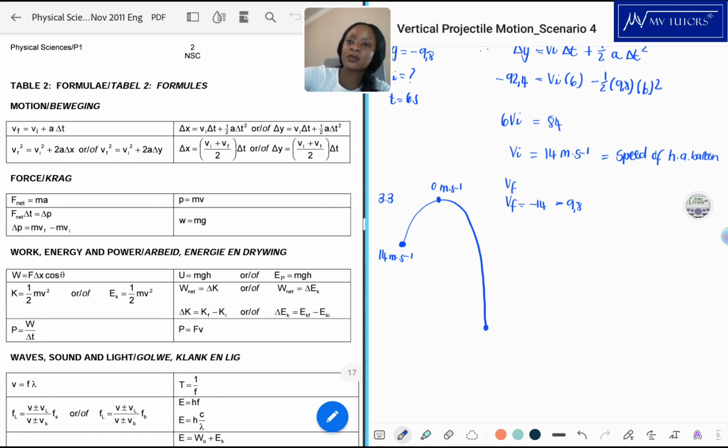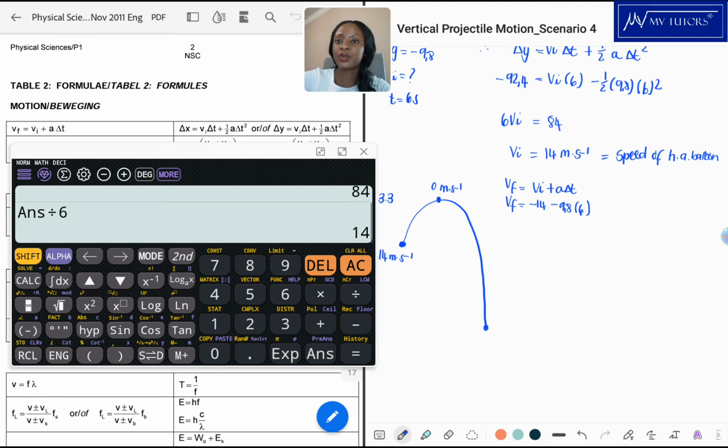Initial velocity is negative 14, and then my acceleration, because I chose up as positive, is going to be 9,8, and then the time it took for the whole thing was 6. So if I were to calculate this, my final velocity should be negative because it's going down and I chose up as positive. So let's not be scared by the negative numbers. I was already thinking, what is going on? So 9,8 times 6.